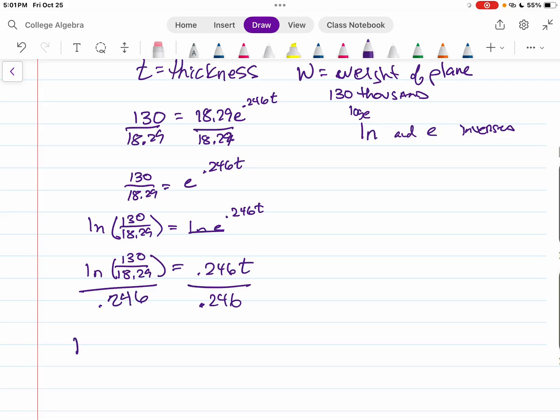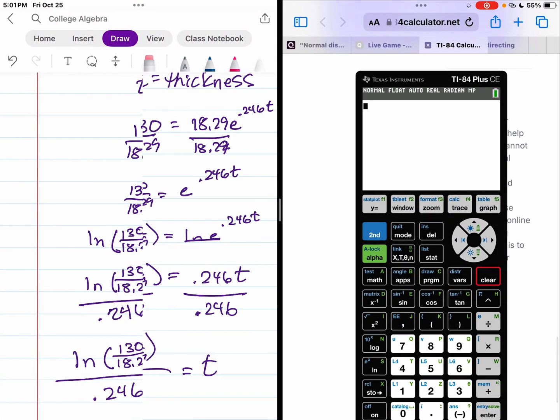And again, I'm going to be careful. I'm not going to type this in the calculator in one fell swoop. You could. I just think it gets a little bit complicated. So what I'm going to do is simplify the top, leave that decimal in the calculator, and then divide it by 0.246. So let's split our screen over here. And there's my calculator.